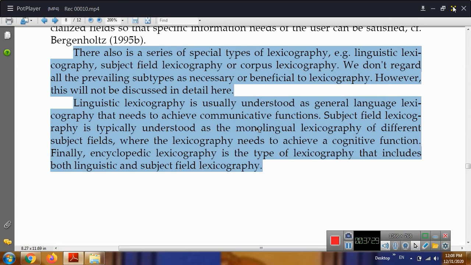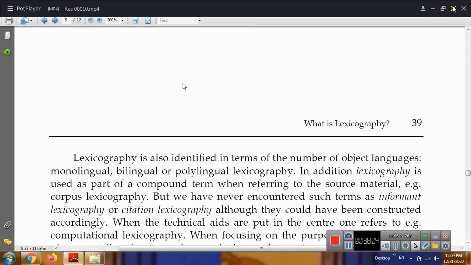Subject field lexicography is understood as the monolingual lexicography of different subject fields, where the lexicography needs to achieve a cognitive function. And encyclopedic lexicography is the type of lexicography that includes both linguistic and subject field lexicography; it is the combination of the two.